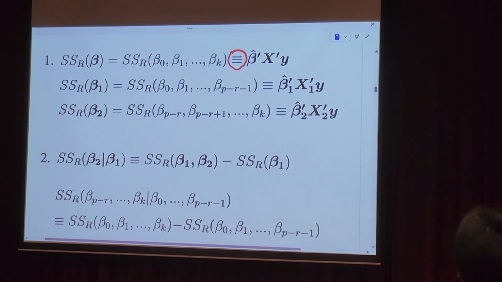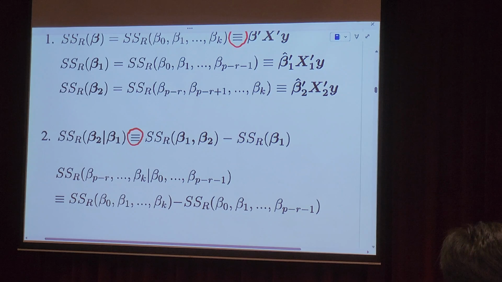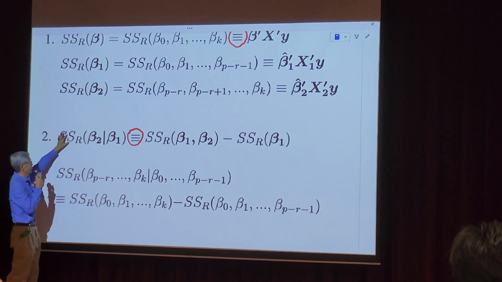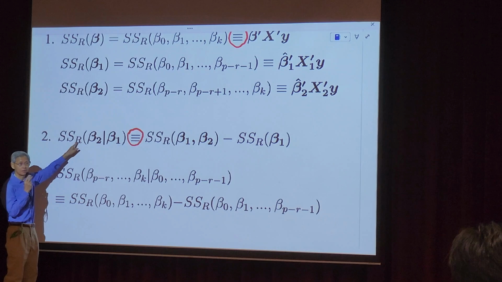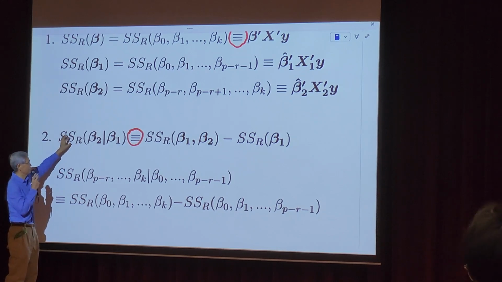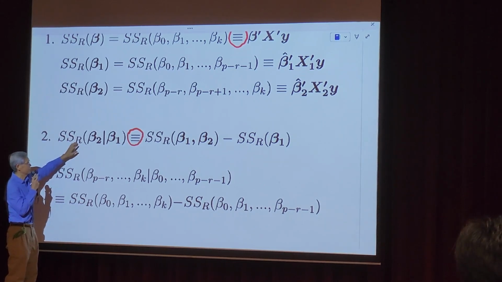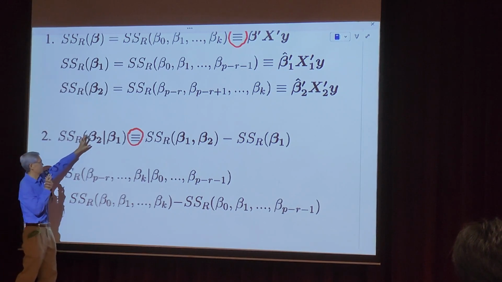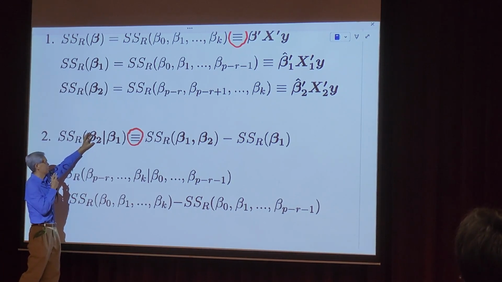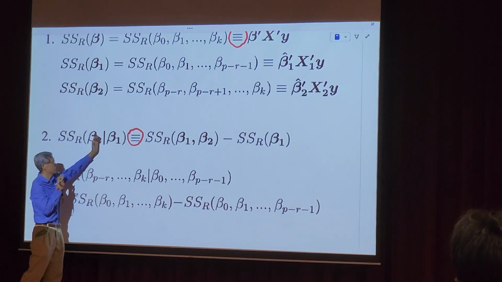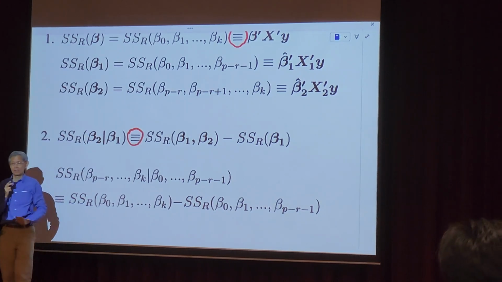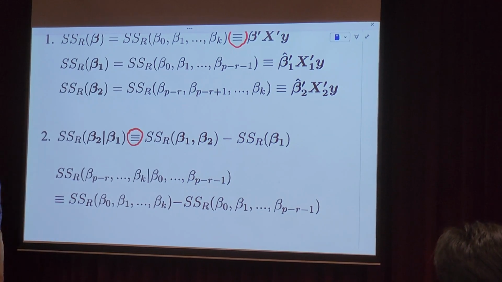Alright, next is another important definition. Okay, how do I read this? This is the sum of squares of regression, or sum of squares due to the regression model of beta 2 given beta 1 already in the model.